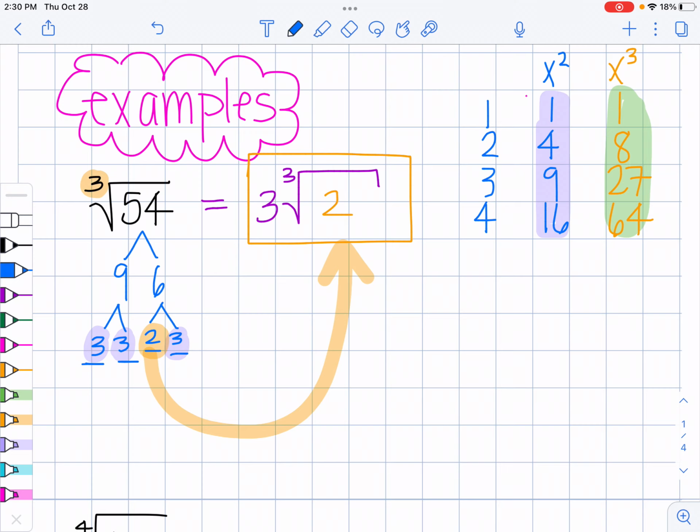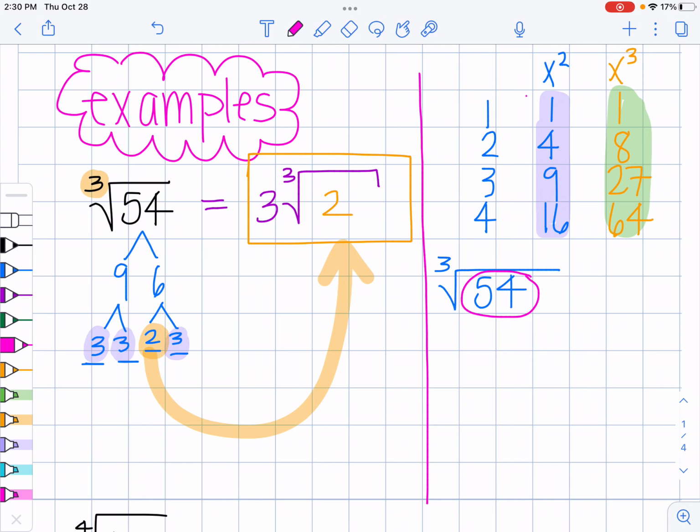If I broke down something, let's just take this problem, we have the cube root of 54. If I did this using the cube root method and the rules of radicals, I'm going to break this down. What's the highest perfect cube that goes into 54?